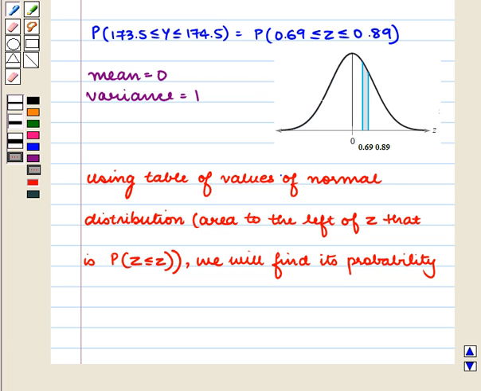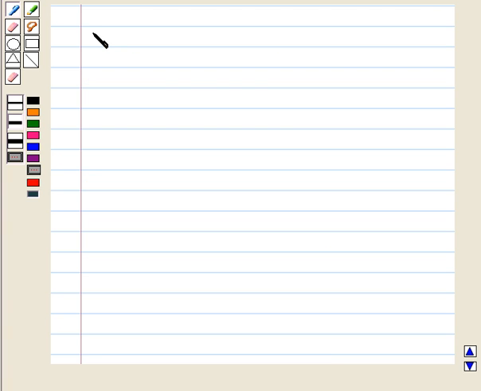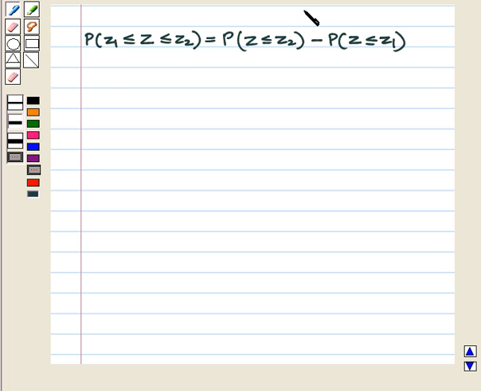Using table of values of normal distribution, that is area to the left of z, that is probability of z less than equal to z, we will find its probability. From the figure we can see that probability of z1 less than equal to z less than equal to z2 is equal to probability of z less than equal to z2 minus probability of z less than equal to z1.